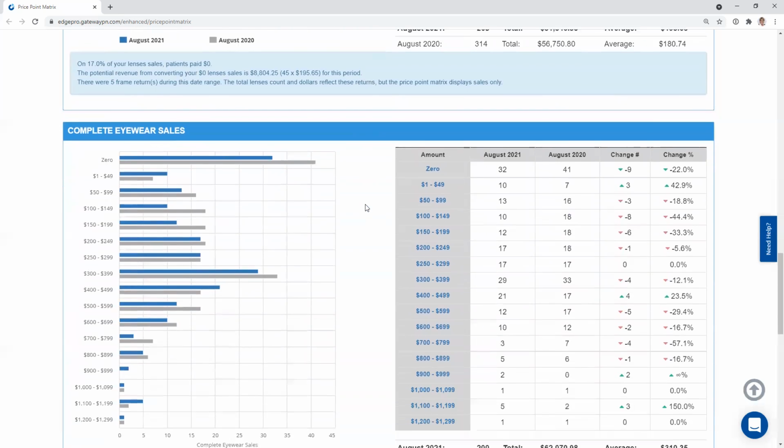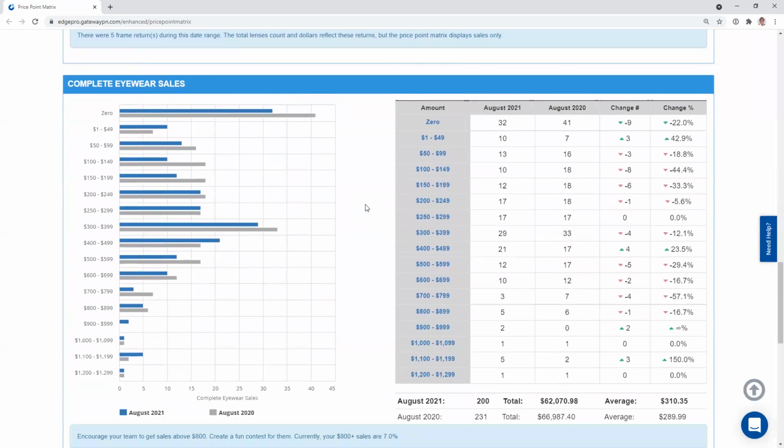Next box is where we're looking at a complete pair of glasses, when they purchase frame and lenses together. We're spending more on frames, maybe a little bit less on lenses, but really in the grand scheme of things, they are spending a little bit more when we're talking about complete pairs of glasses. And the reason why is we had 9 fewer patients get the covered glasses.